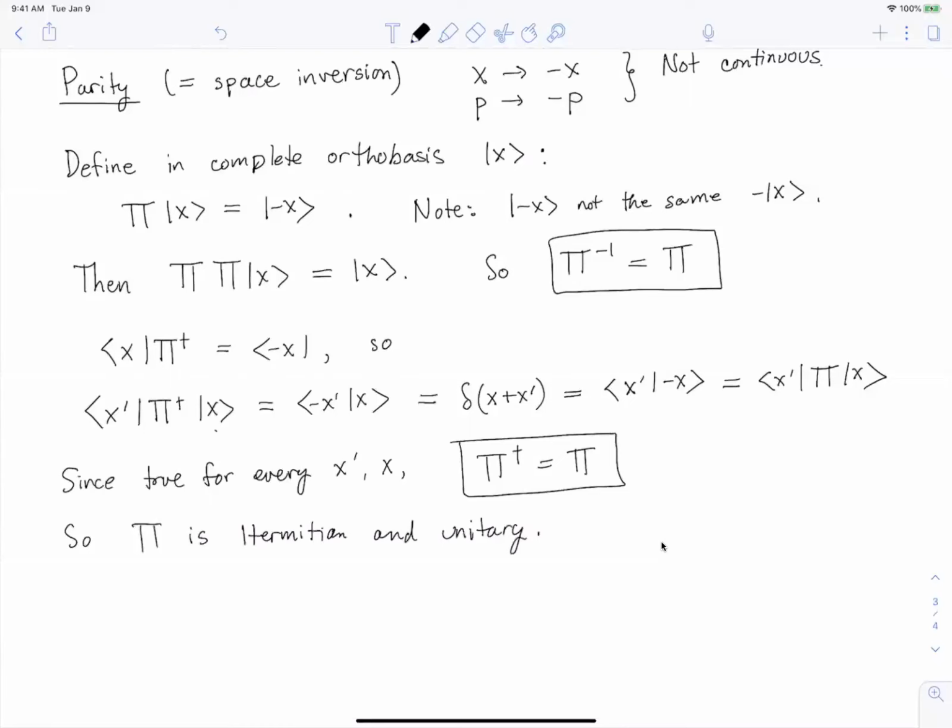Okay, it's Hermitian because of this equation, but then this equation says that pi dagger, since it's equal to pi, is also its own inverse, so it's also unitary. And so what that means is it's got a rare double role. It's an observable because it's Hermitian. And it's also something that maps a basis to a basis. That's what unitary operators do.